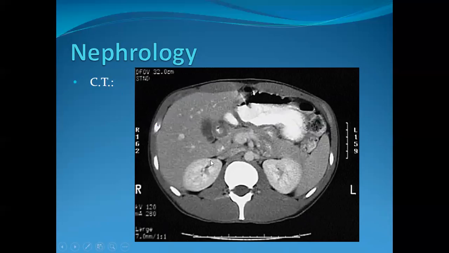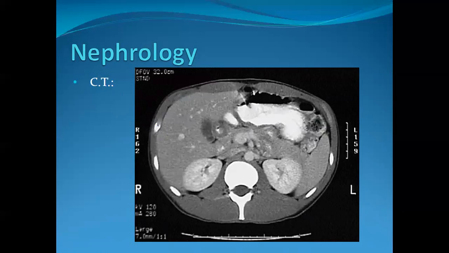You can see that the contrast lights up the kidneys and is bright or white. That's also the same color as your renal stones, so that can obscure some renal stones. So when we look for renal stones, we don't use contrast, and that doesn't inhibit your ability to evaluate for hydronephrosis at all. So if you're looking at everything else, then we want to give contrast because it gives us so much more information.